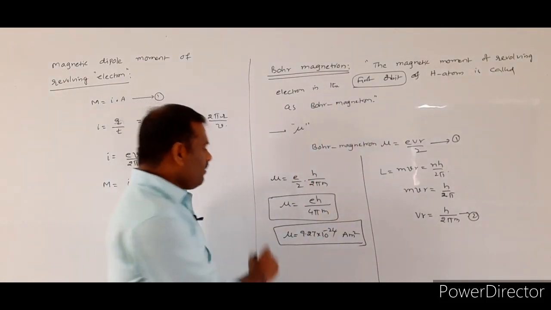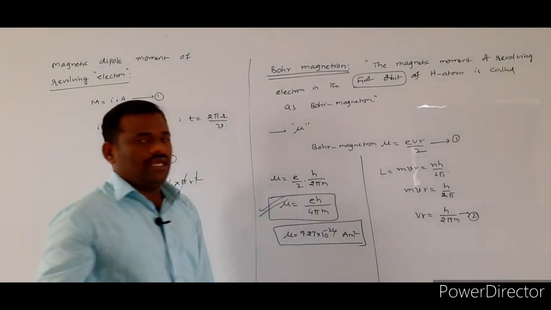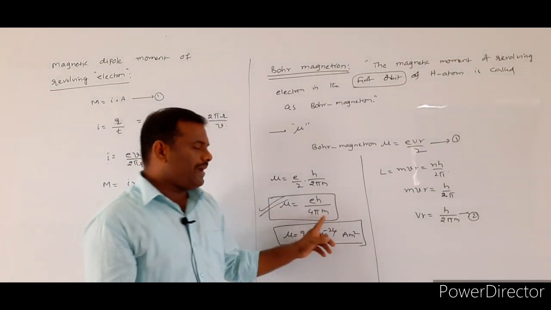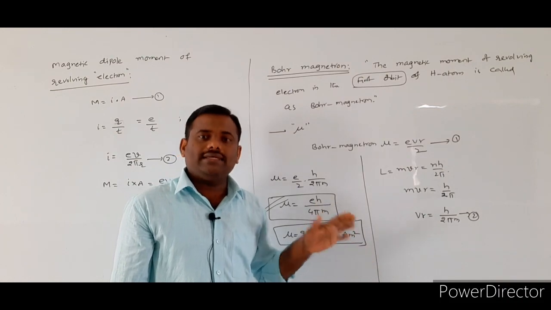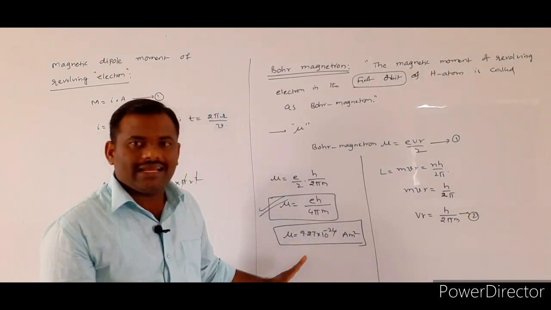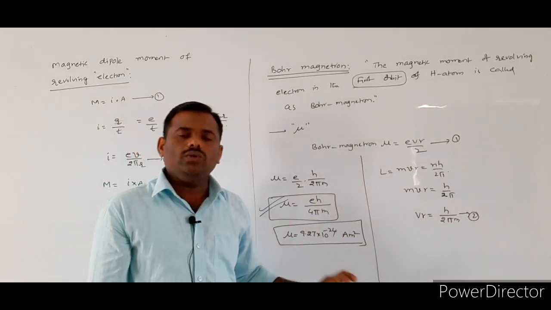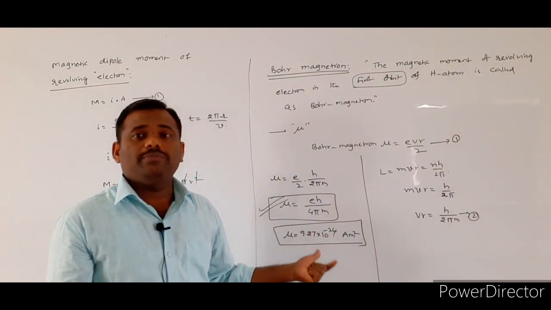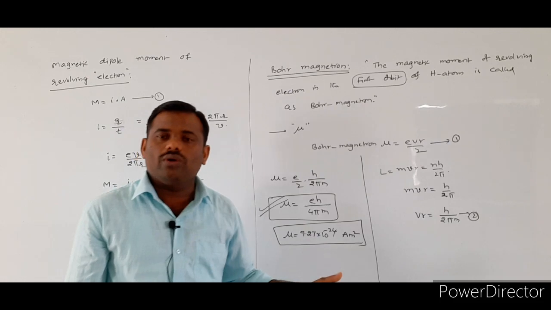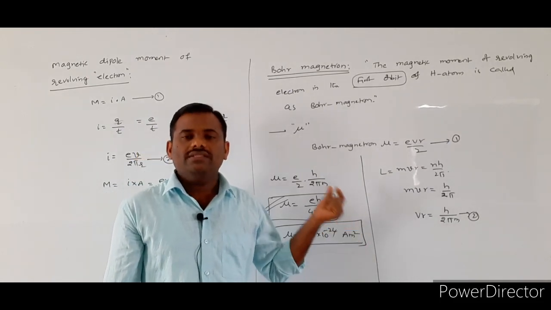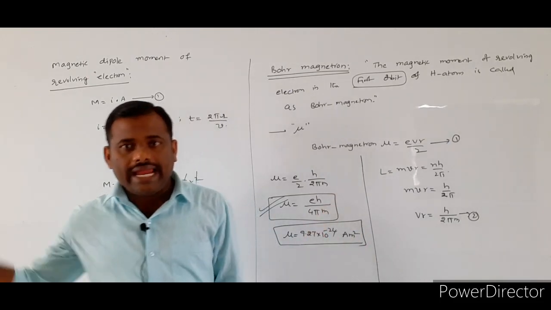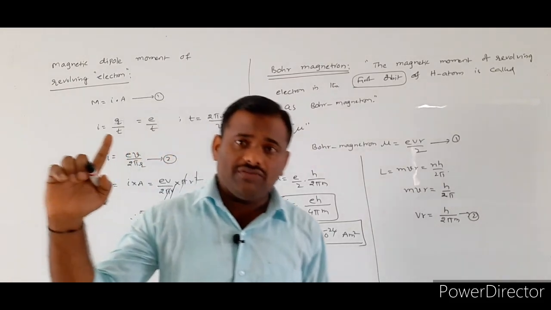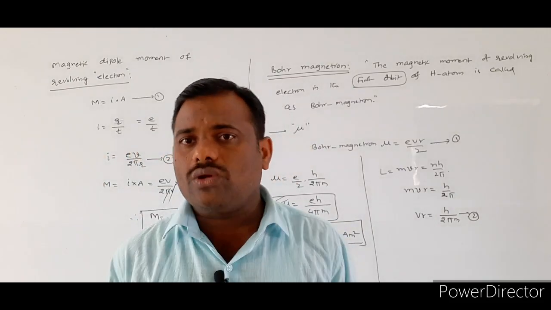So its general formula is mu is equal to eh by 4 pi m. If you substitute all these values, the final answer is mu is equal to 9.27 into 10 power minus 24 ampere meter square. This is about Bohr magneton and the magnetic moment of the revolving electron in the circular orbit.